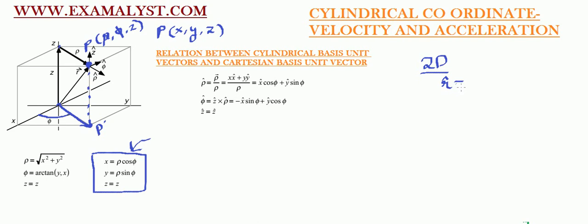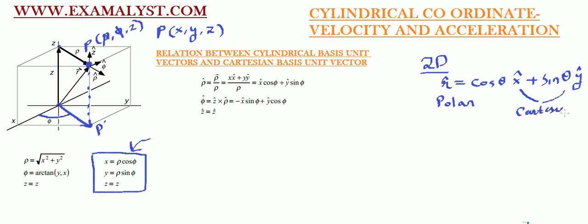R cap was cos theta i, and instead of i, let me write x cap, which is another notation for i cap, plus sine theta y cap. This was the relation between the polar basis and the Cartesian basis unit vectors. Go through the previous lectures, you will remember this.